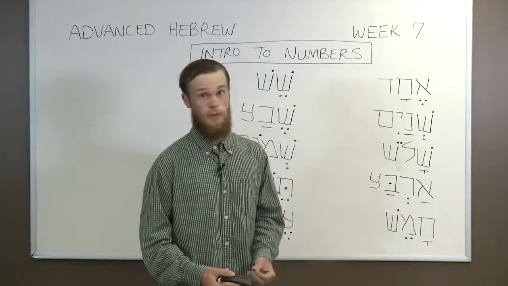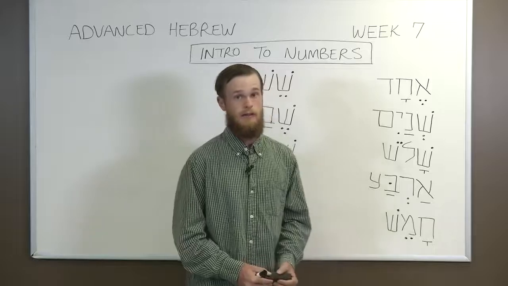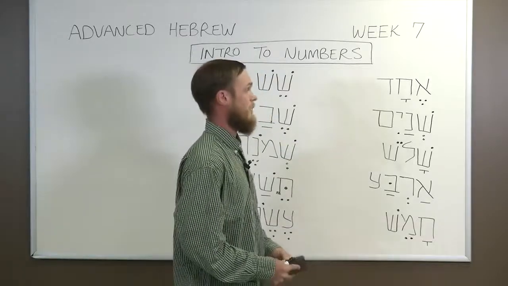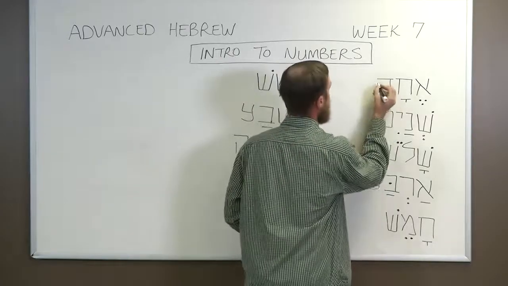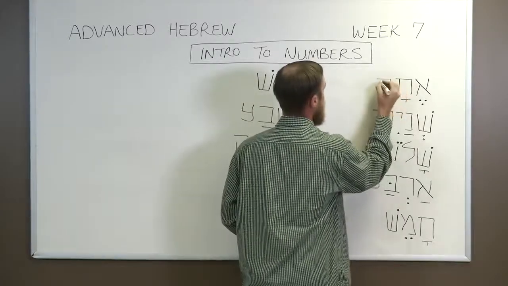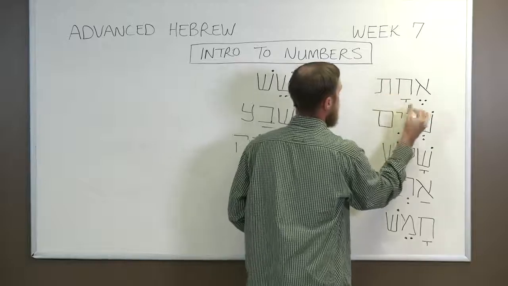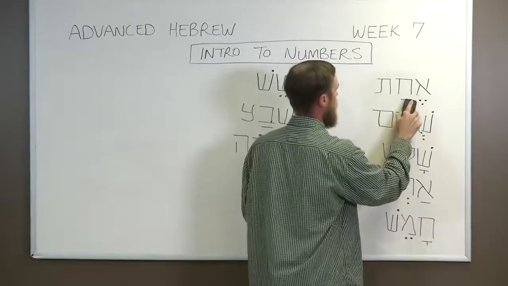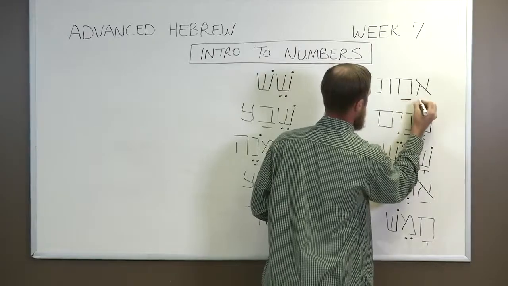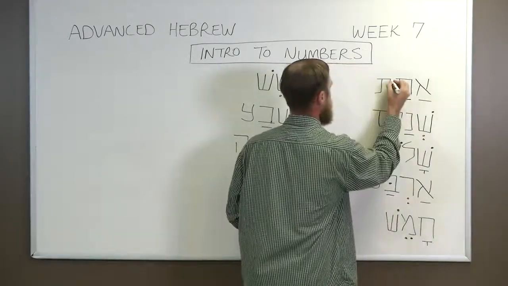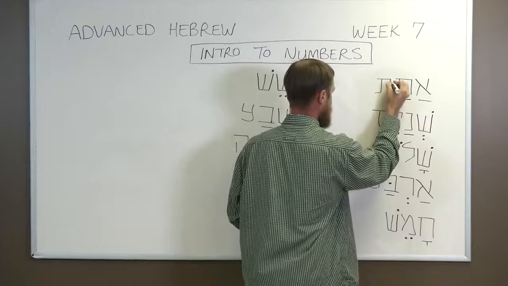Because when we say one woman, woman is isha, and woman is feminine, so we need the feminine form of 1, which happens to be achat. And these are listed in your notes. All of the cardinal numbers, the masculine and feminine forms, are listed in the notes in their adjective form.